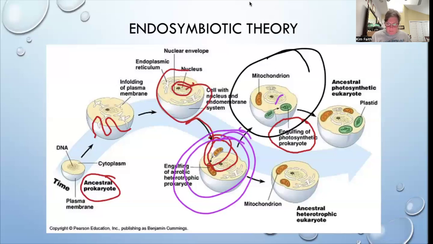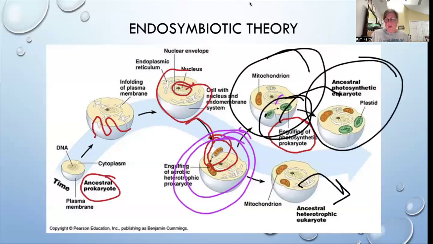Again, we have this group that's going to lead to eukaryotic cells that are heterotrophic, that consume other organisms or nutrients. When this happened again with the cyanobacteria, the autotrophic prokaryotes, this led to our photosynthetic eukaryotes, like plants.